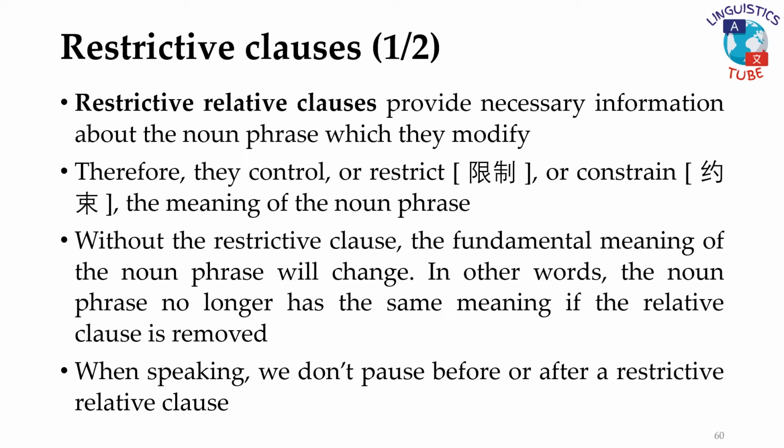This means that the relative clause controls, restricts, or constrains the meaning of the noun phrase. If the relative clause is removed from the sentence, the fundamental meaning of the noun phrase will change. In other words, the noun phrase no longer has the same meaning if the relative clause is removed.